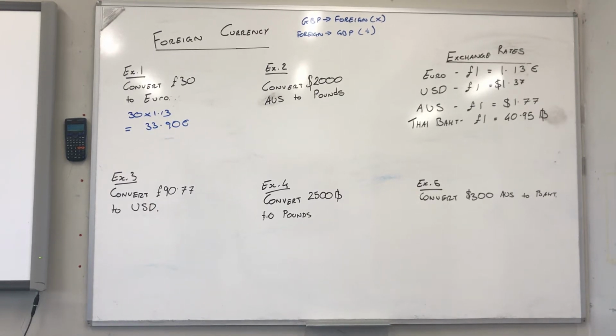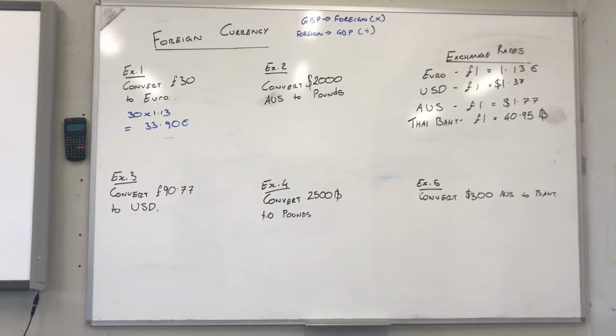Now the important thing to realise is with money, we either have two decimal places, or it's the full pound, or euro in this case. So unless it comes out as exactly a whole number, we always round it to two decimal places.